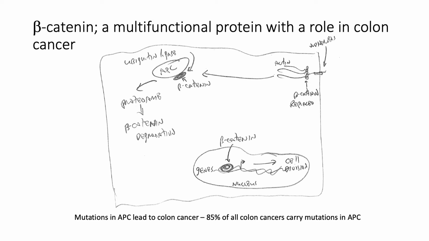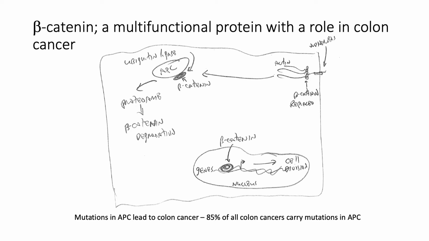APC is a ubiquitin ligase, just like we talked about the ubiquitin ligase P53 and some of the other proteins that get targeted to the proteasome. So during the turnover of the beta-catenin, it gets attached to the APC. APC is the ubiquitin ligase. It adds the polyubiquitin to the beta-catenin, and then that targets it for the proteasome. It goes into the proteasome and gets degraded.